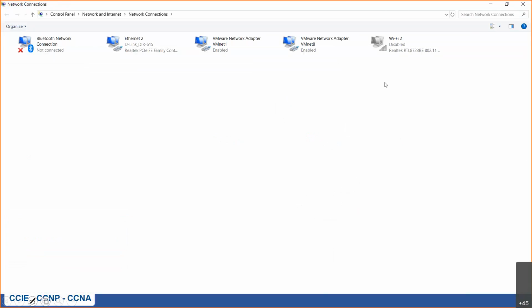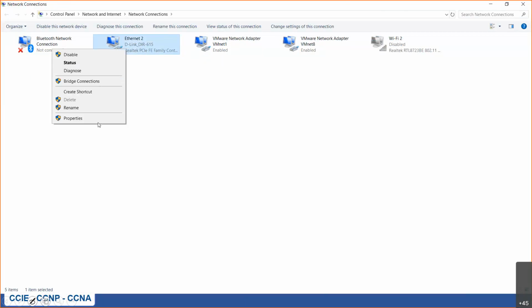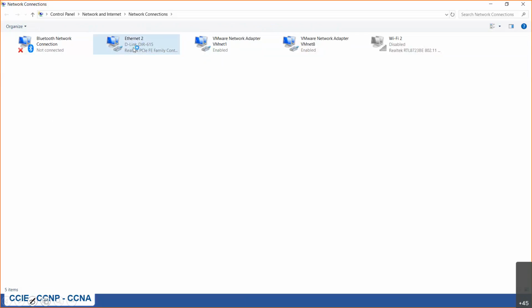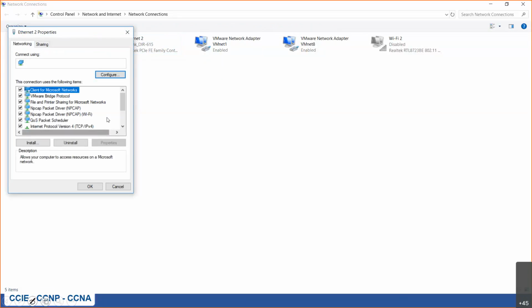Here is the Ethernet port. Right click on it, open Properties, click on IPv4, Internet Protocol version 4, and go to Properties.